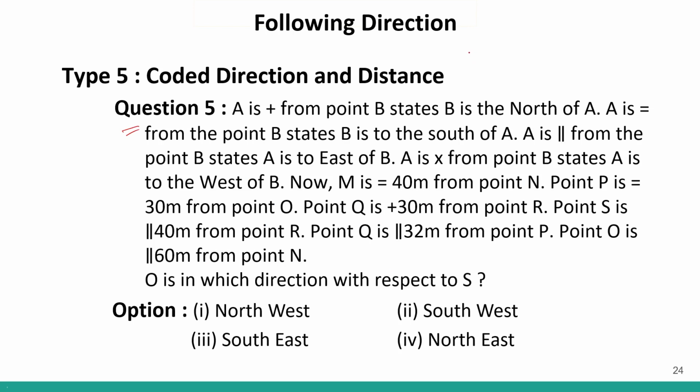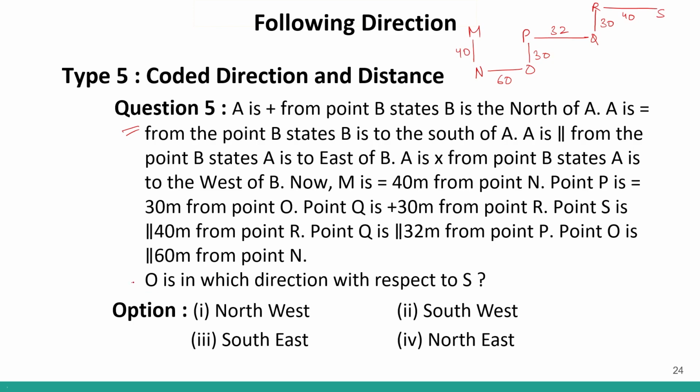So let me draw the diagram. This is P. 32 will give me Q. From here we go to R and from here we go to S. So this is the diagram.